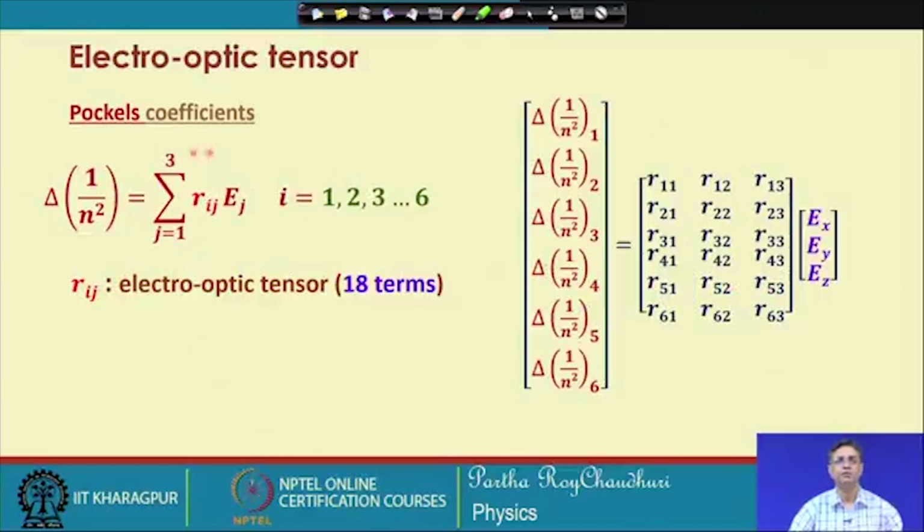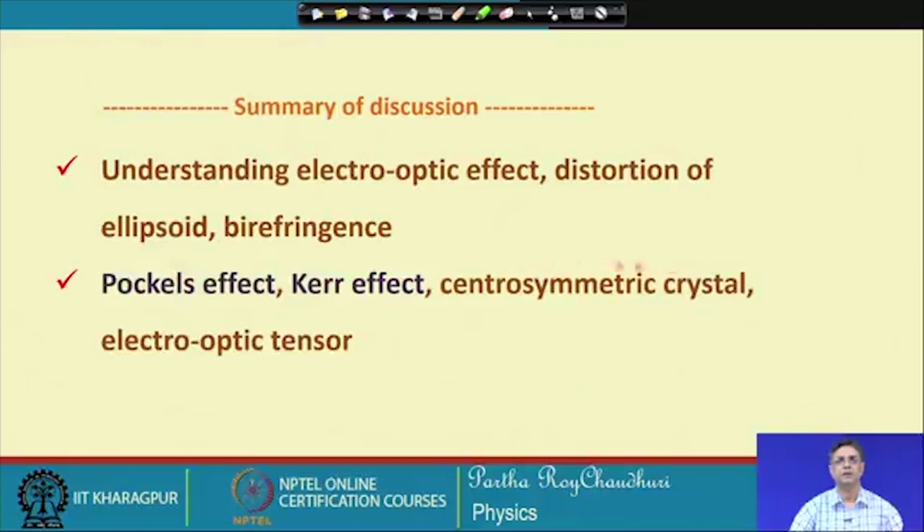As an example for the Pockels coefficient, you have delta n square 1, 2, 3, etcetera, and you have this tensor which looks like this, and this is the electric field. So, this compact equation represents this matrix equation, and you have 18 terms in this Pockels coefficient tensor.